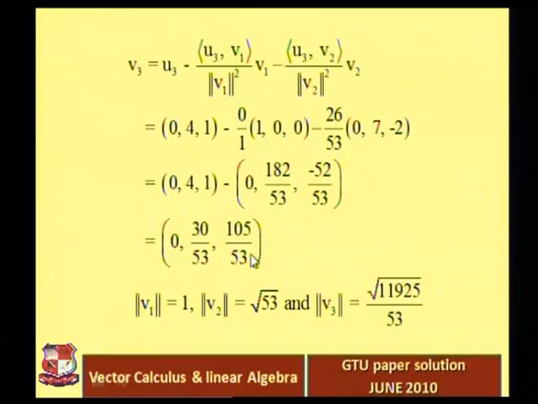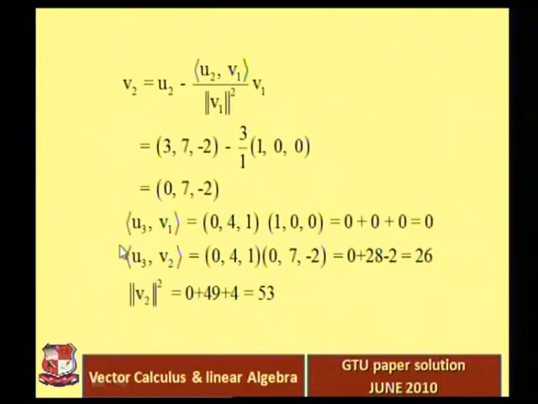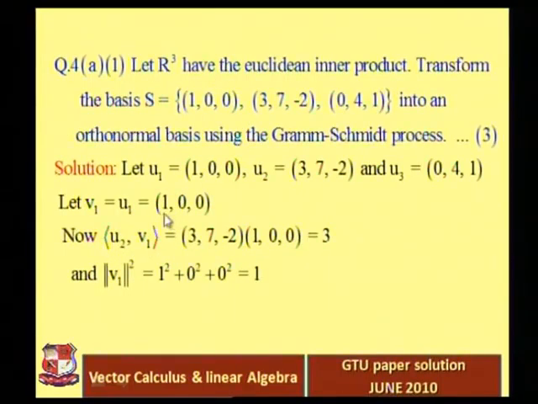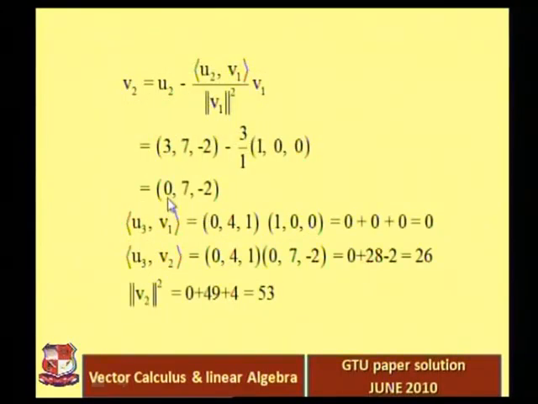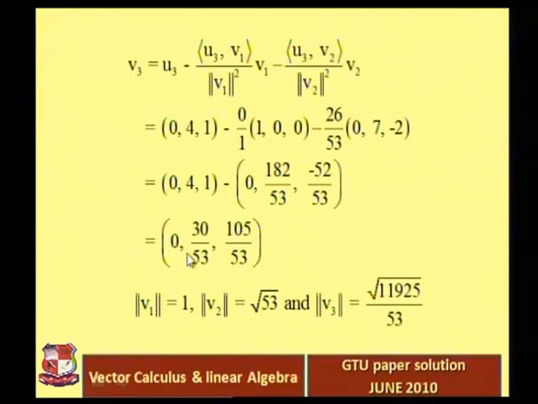So now these V1, V2, V3 are not an orthonormal set of vectors, but they are an orthogonal set of vectors. See, V1 is (1, 0, 0), V2 is (0, 7, -2), and V3 is (0, 30 by 53, 105 by 53).